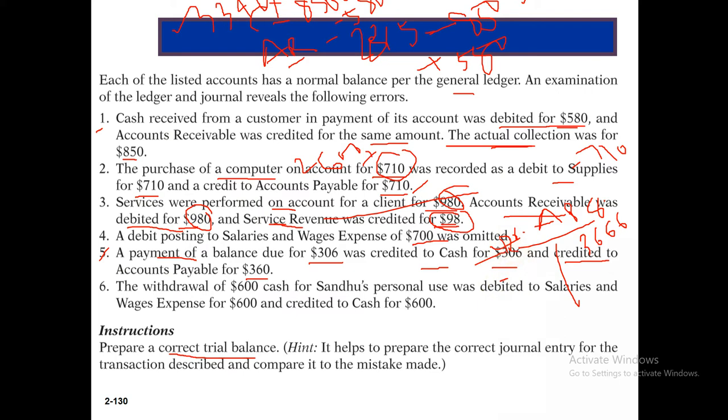Accounts payable decreases 306, but wrongly we credited 360 on this side. So now we need to subtract this 360, and the actual figure is 306.